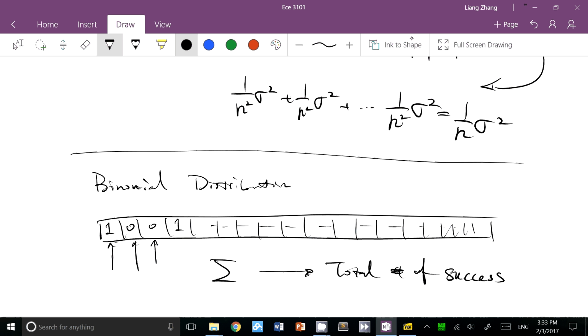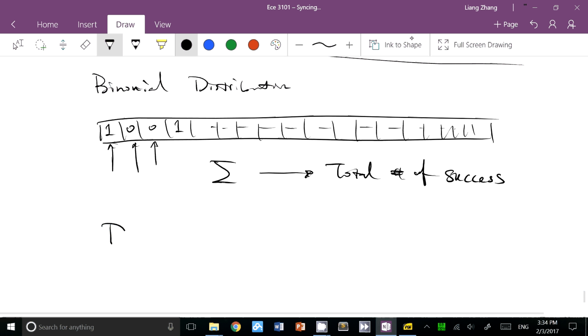If you use 1 as success and 0 as failure, when you add up these 1s and 0s, you have the number of successes. And this is our binomial distribution. Or in other words, this binomial distribution is actually a summation of random variables. And in that case, as we have seen earlier, it's possible to use normal distribution to approximate binomial distribution.